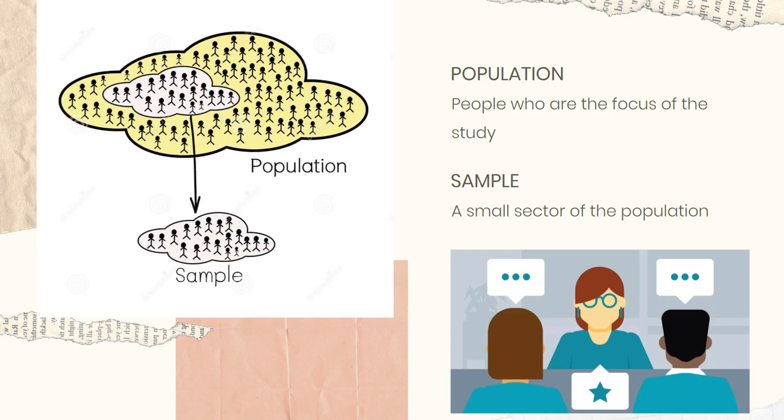Ideally, the samples are randomly chosen, right, in which everyone in the population has an equal chance of being selected in the sample. So that would be a random sample. A stratified random sample is a sample of a specific group, like let's say freshmen, sophomores, juniors, of a target population.